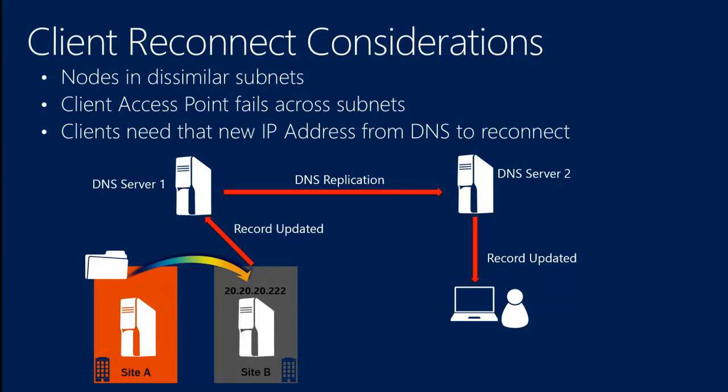With the default configuration, the DNS time to live is 20 minutes. So there's some impact. On a site failover, IPs change. It could take several minutes to update DNS records across the DNS servers, and several minutes before clients go get the updated records from DNS.